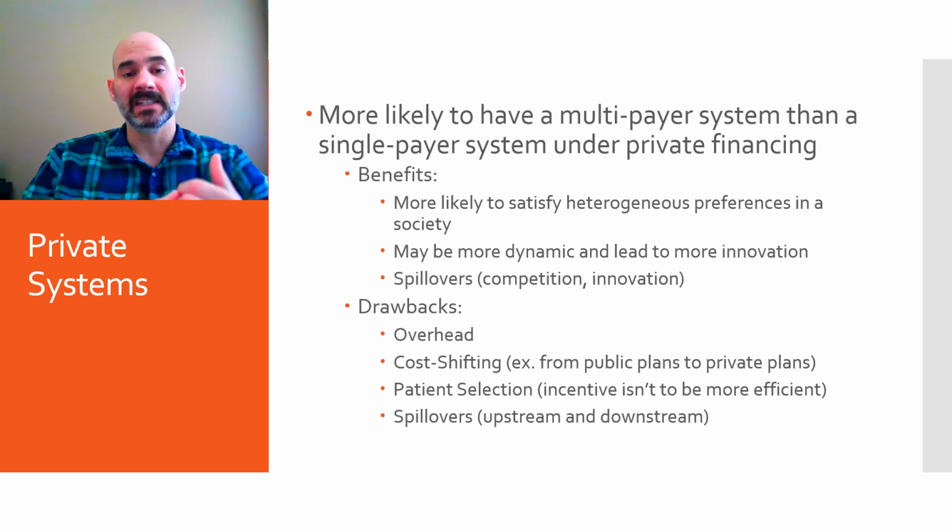And because of this variety, you might be more likely to have all the heterogeneous preferences, all the different preferences of the 340 million people living in the United States, be better satisfied if they have choice among health insurers that could offer lower premiums and less coverage to those who are less risk averse, and more comprehensive coverage to those who are more risk averse.